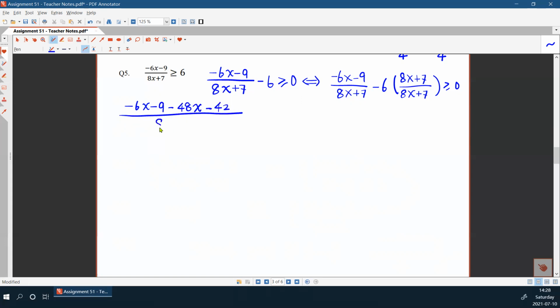Over common denominator 8x plus 7, greater than or equal to 0. And if we simplify this, minus 6 minus 48x is minus 54x. And minus 9 minus 42 gives us minus 51, right? Note that there is a common factor 3 in these two numbers, so we can further simplify this in our next step.